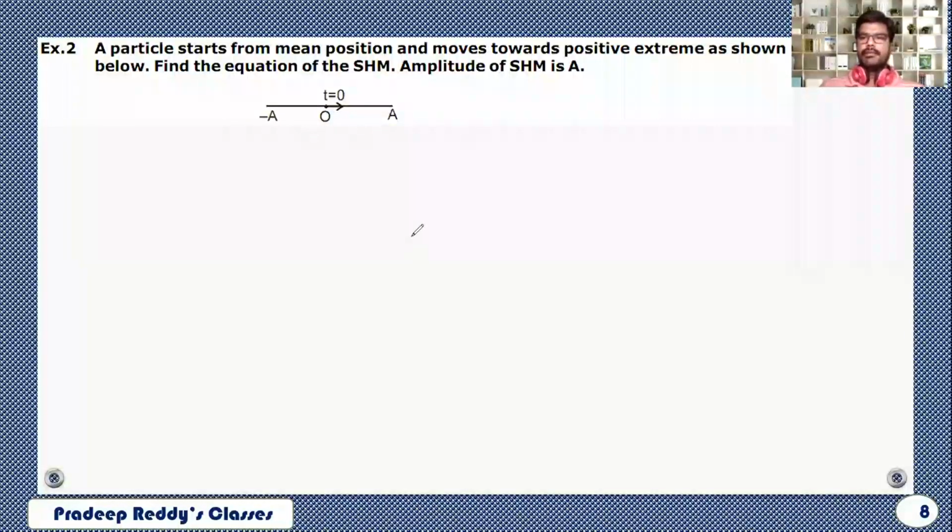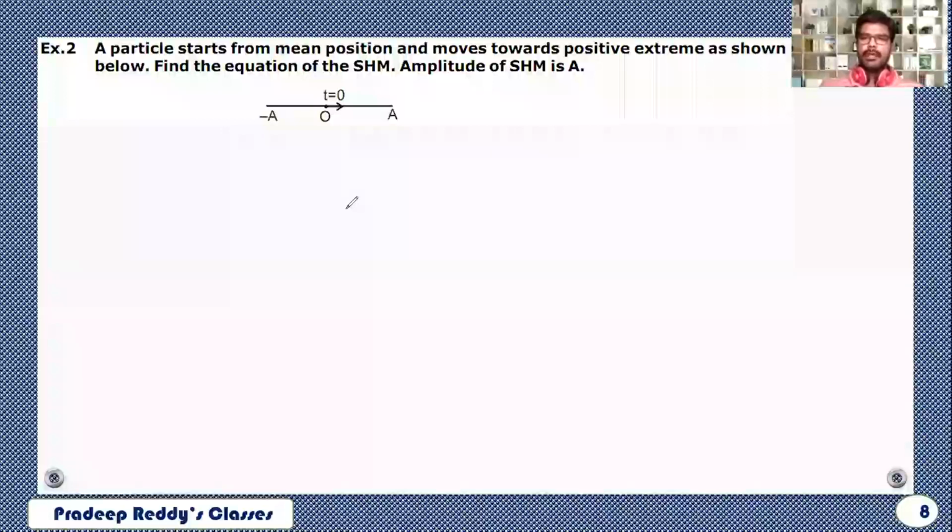Students, in the previous video lecture of simple harmonic motion, we discussed how to find the displacement of a particle executing simple harmonic motion, and we derived the equation for SHM considering a particle moving on a circular path.